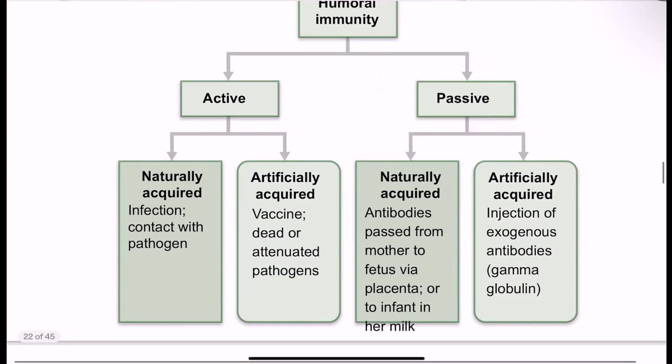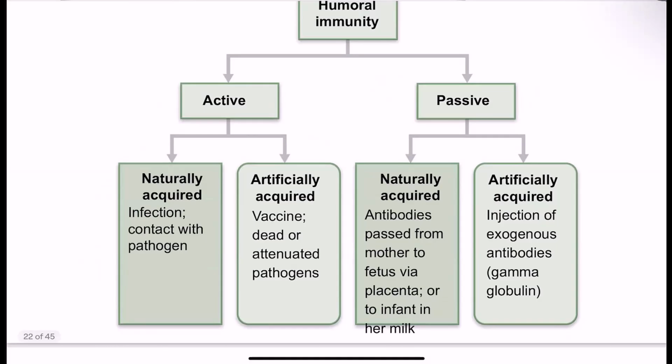The passive immunity side, though, is a little bit different because antibodies are introduced to the body rather than being homemade by your own B cells. Because the B cells don't make them, you can't make the memory cells. You just have the antibodies, but they're not your own. It's kind of like borrowed antibodies.